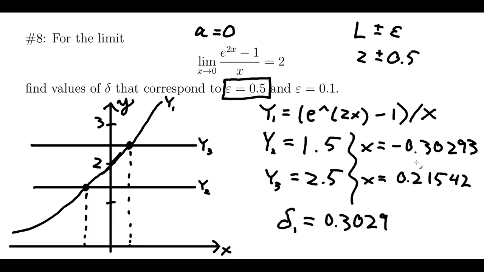Now, the second thing that I want to point out is that I specifically rounded down, not because this was a 3, and 3 is closer to 0 than to 10, but because we're trying to find values of delta that will guarantee that any x not exceeding that delta would produce a function value that is within epsilon of the function in question.